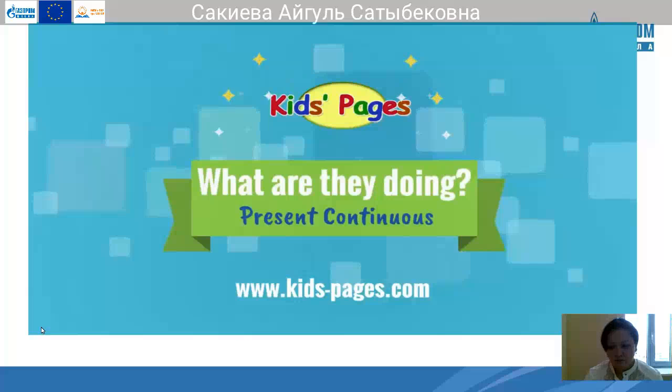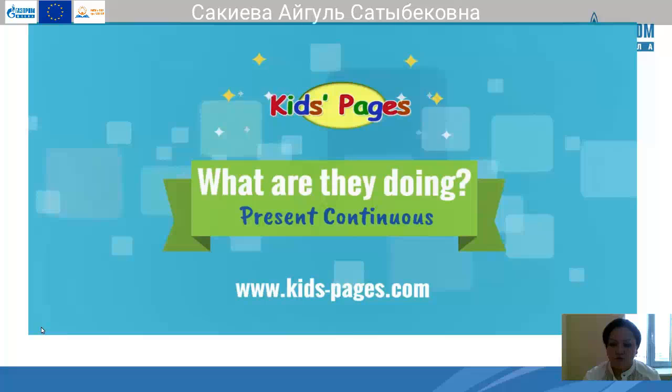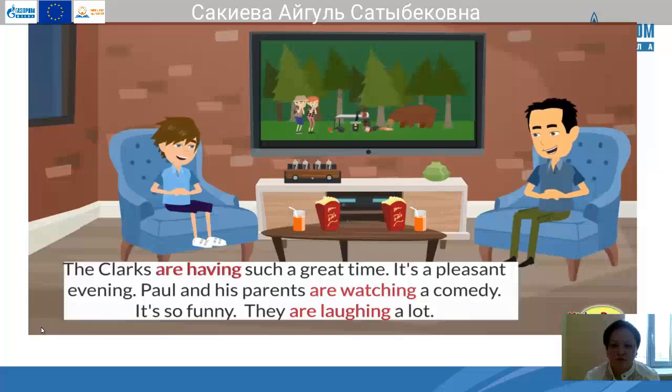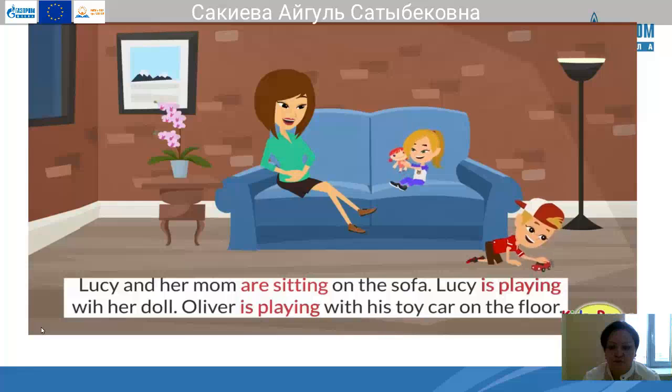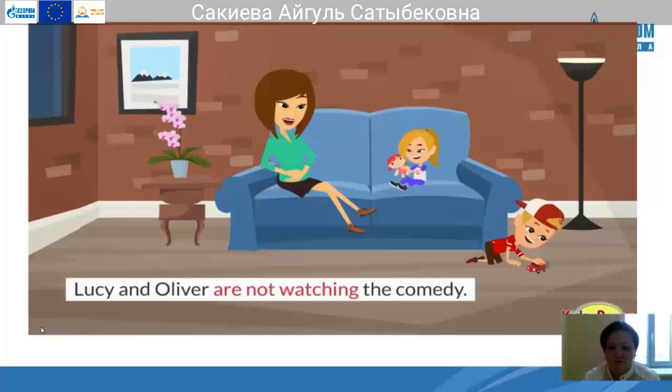What are they doing? The Clarks are having such a great time. It's a pleasant evening. Paul and his parents are watching a comedy. It's so funny. They're laughing a lot. Lucy and her mom are sitting on the sofa. Lucy is playing with her doll. Oliver is playing with his toy car on the floor.